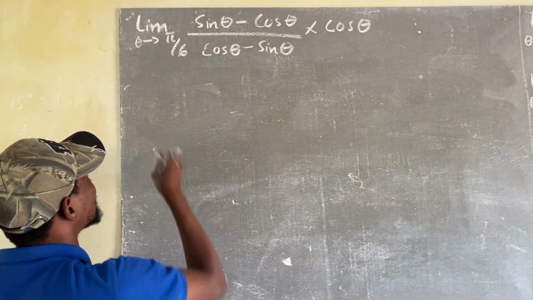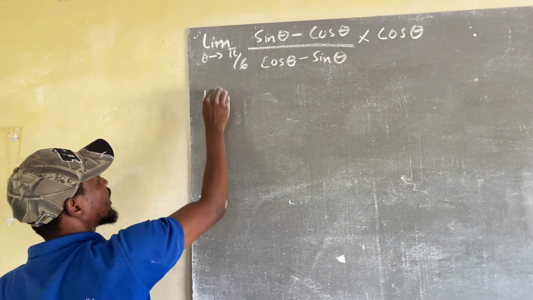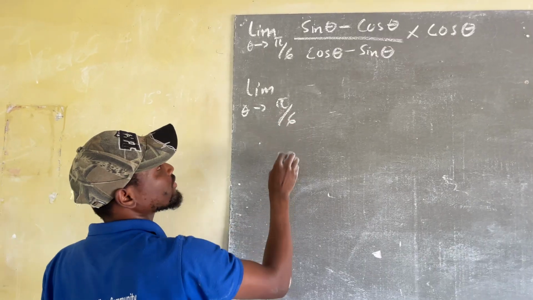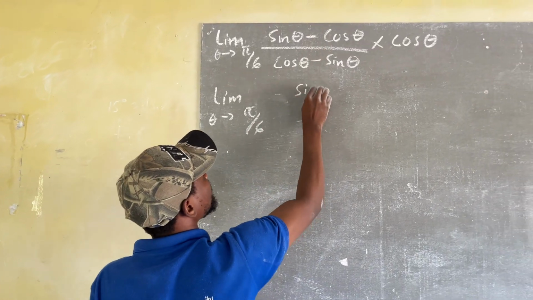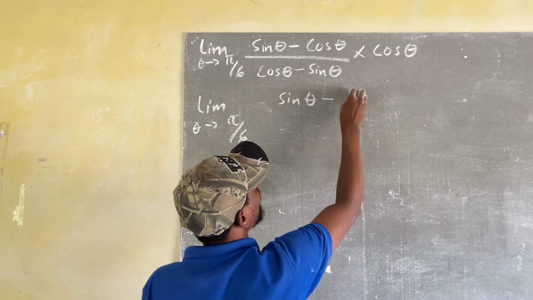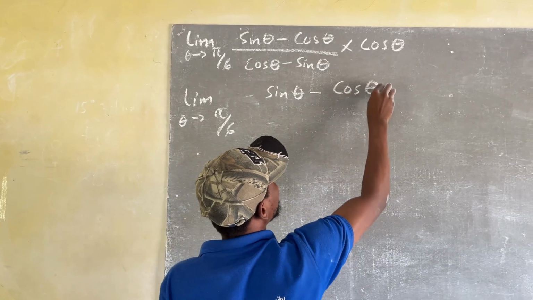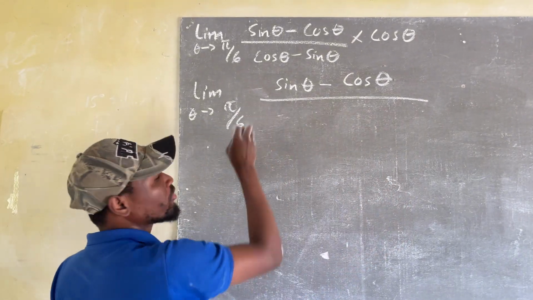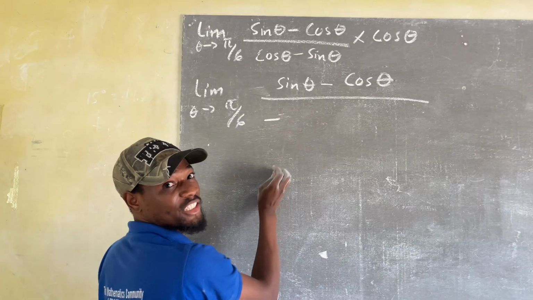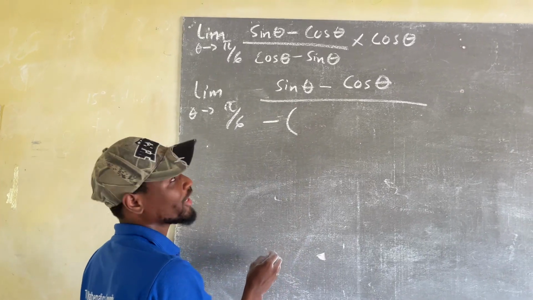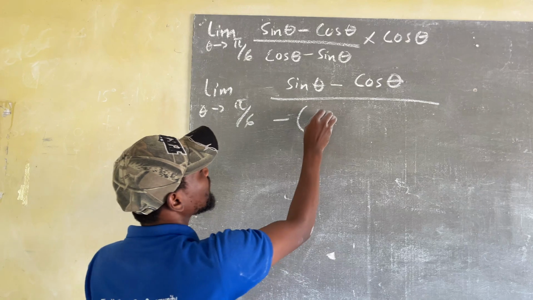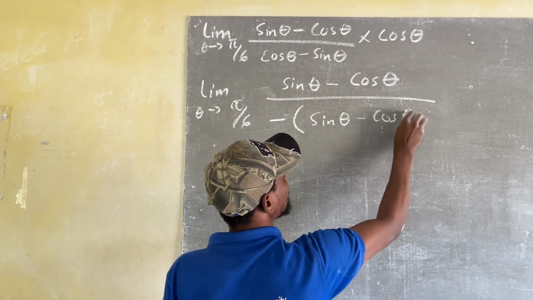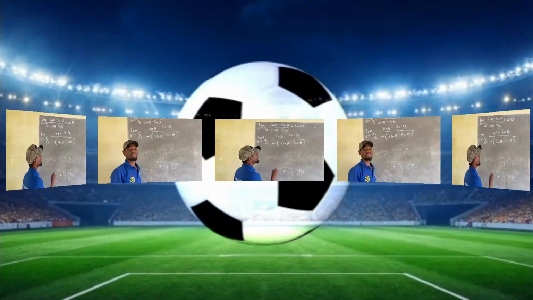So viewers, I can say that the limit as theta approaches pi over 6 of sine theta minus cos theta, then all over, I can factorize negative out. So if I factorize negative out, I will have sine theta minus cos theta. Let me explain that.